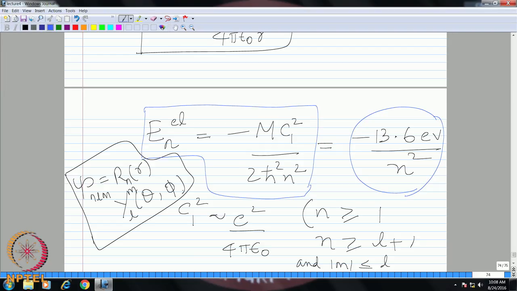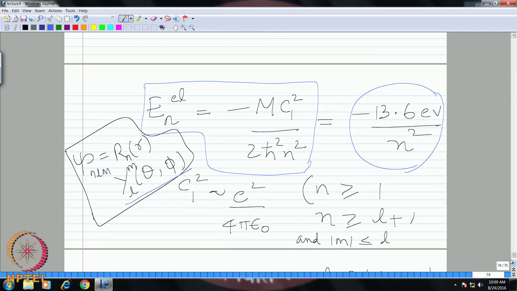As correctly pointed out yesterday, this becomes a 3-dimensional problem. We have to solve the Schrodinger's equation in theta, phi and r. The corresponding quantum numbers in the theta and phi directions will be L and m, and the quantum number in the r direction is n. The magnitude of energy is found to be a function of only n.